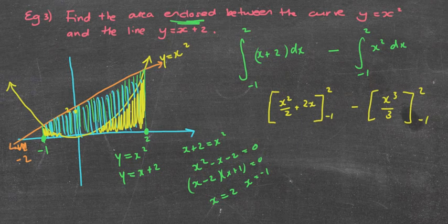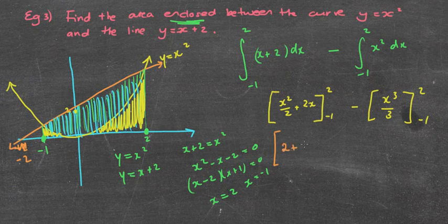Now it's a matter of substituting your values in there. It's going to be a little bit longer because I'm going to have 2 and negative 1 there, two different values in total. So 2 squared is 4. 4 divided by 2 is 2.